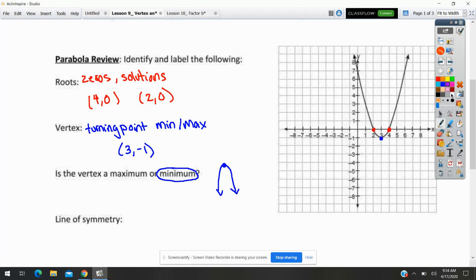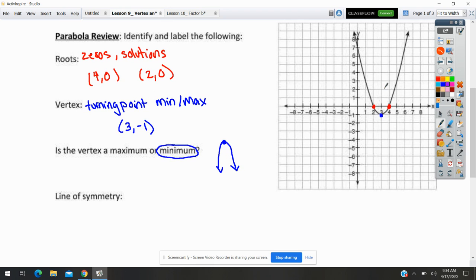All right, and going back to our line of symmetry, remember our line of symmetry is that invisible line here that breaks the parabola perfectly in half. It's the line that goes through your vertex point.